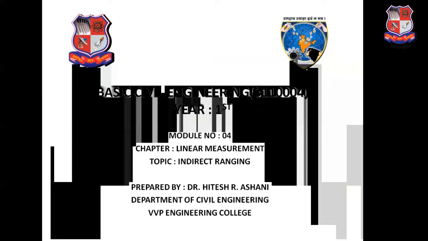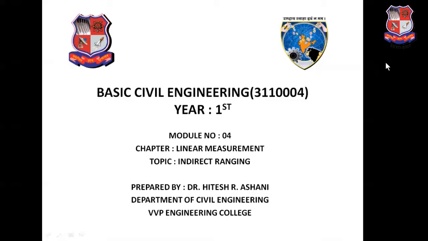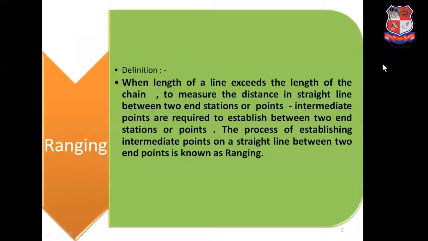In this lecture, I am going to discuss the topic indirect ranging from the chapter Linear Measurement. Now let us first discuss what is ranging. When the length of a line exceeds the length of the chain, to measure the distance in a straight line between the two end stations or points, intermediate points are required to be established between the two end stations or points.